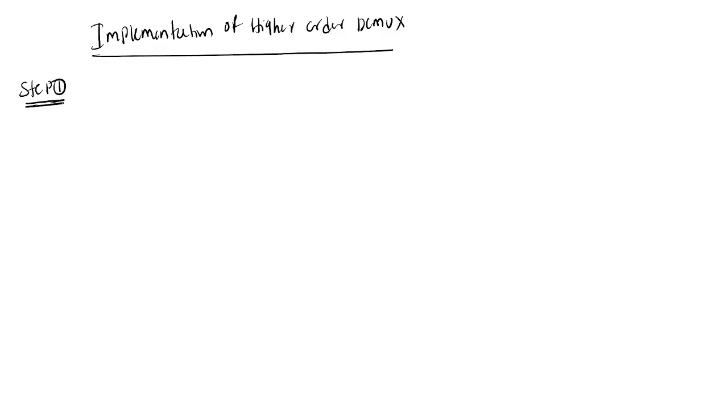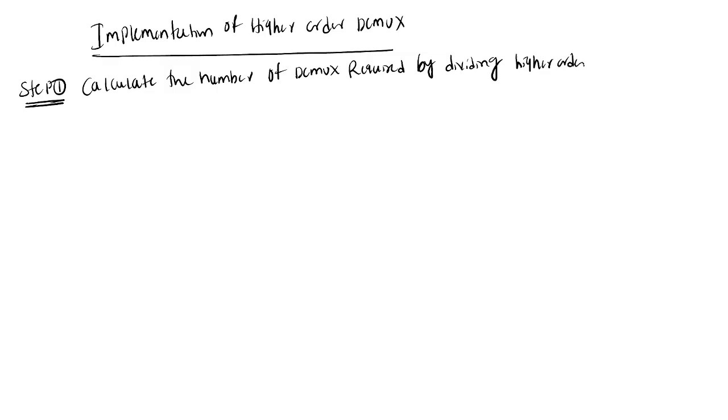Step 1, calculate the number of DMUX required by dividing higher order with lower order DMUX. Step 2, continue till we get 1.